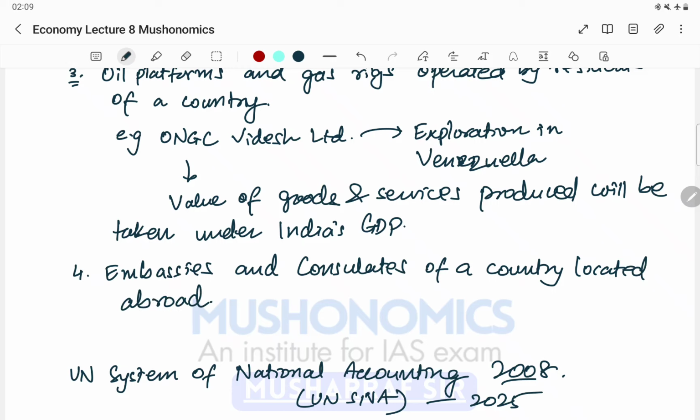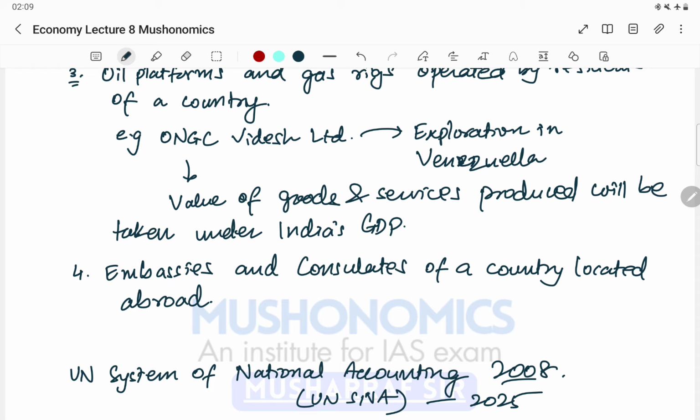This is also for political purposes. For example, India is having its embassy in the US, so that particular place or location will be India's domestic territory for political purposes also, right?